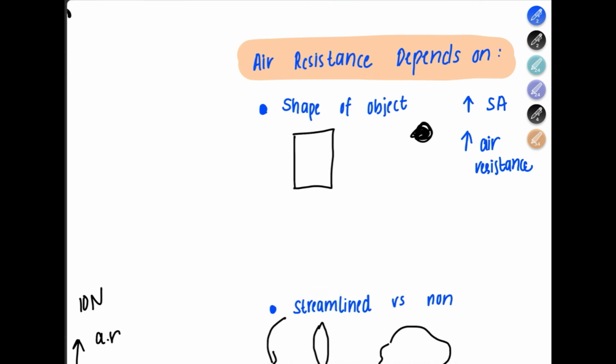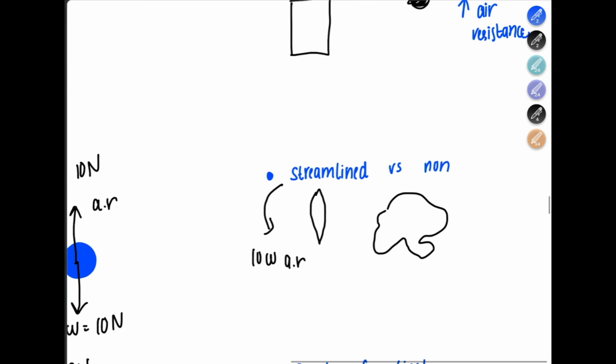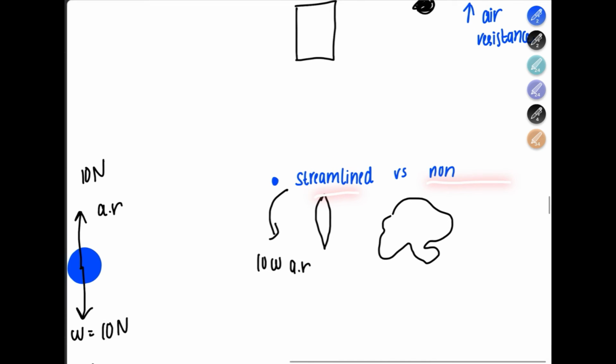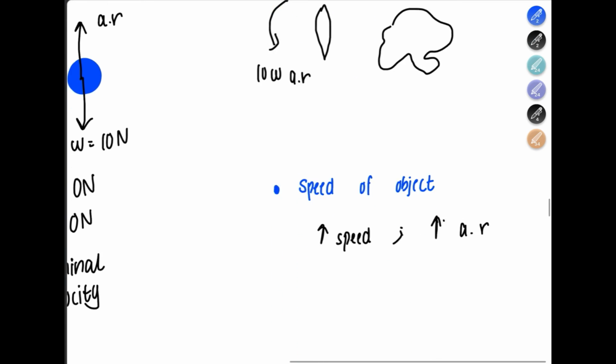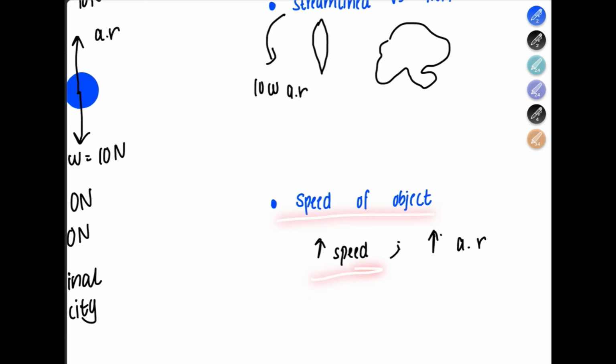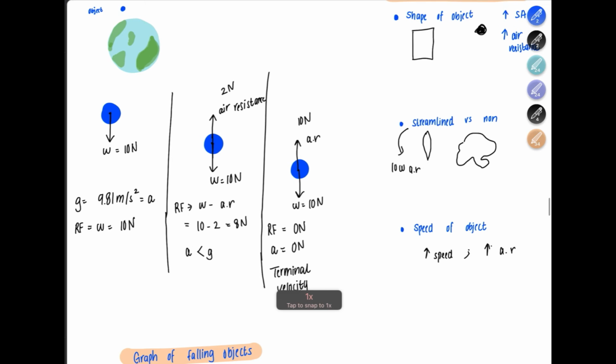Air resistance will be much bigger, but it won't be more than the weight of the object. Now what about streamline and non-streamline object? A streamline object has lower air resistance. It takes a greater time to reach terminal velocity compared to a non-streamline object. Now what about speed of object? If the speed at which the object is falling is greater, the air resistance would be greater as well.